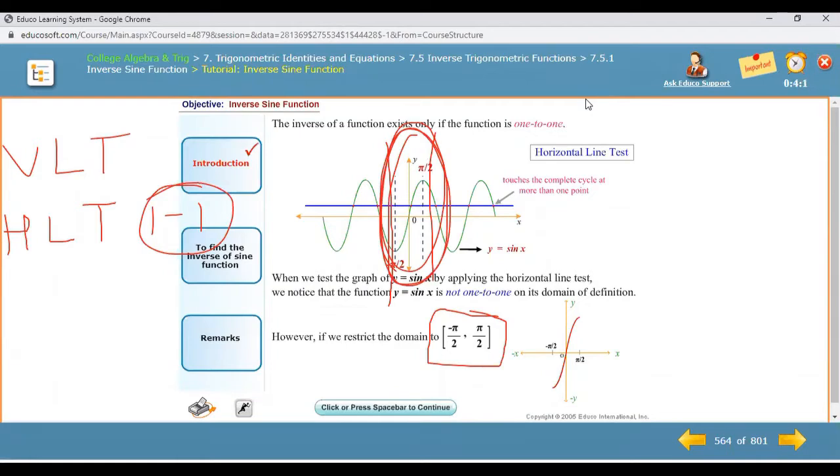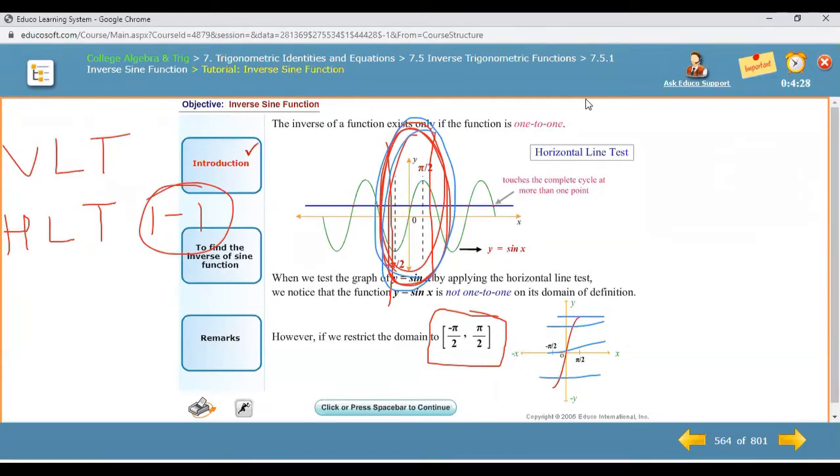If I draw a vertical line over here, it passes the vertical line test everywhere. And if I draw a horizontal line, it passes the horizontal line test also. The reason I pick up this portion is that I want this graph to pass the horizontal line and the vertical line tests both.